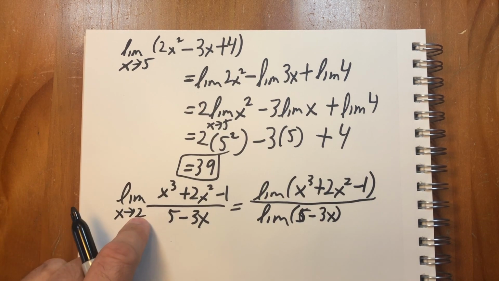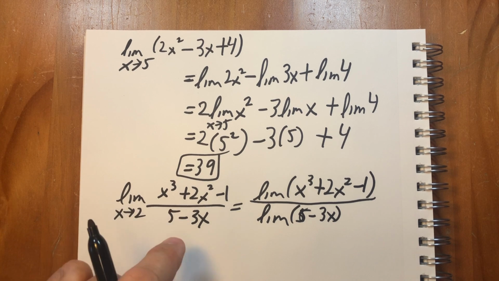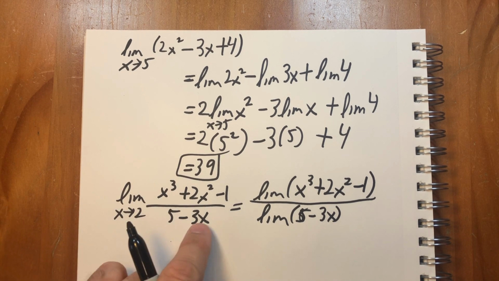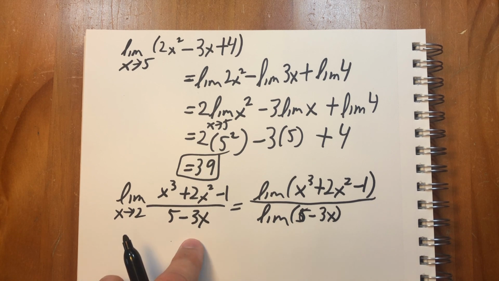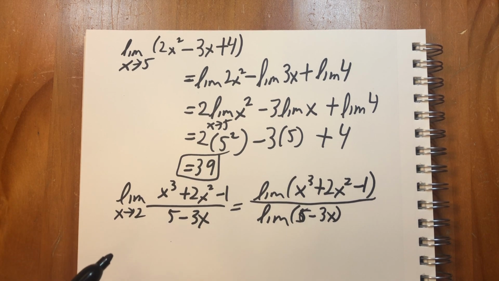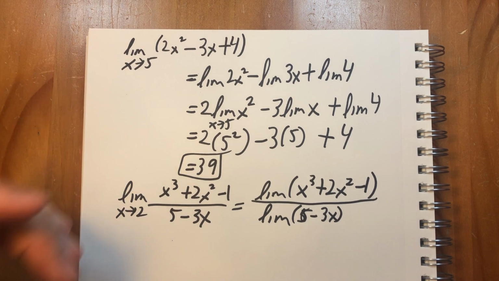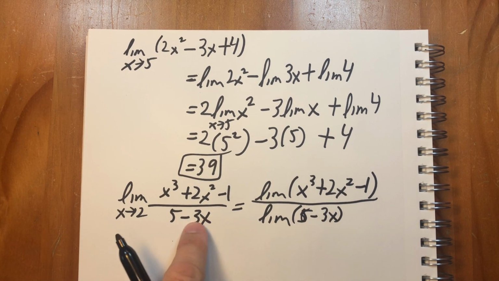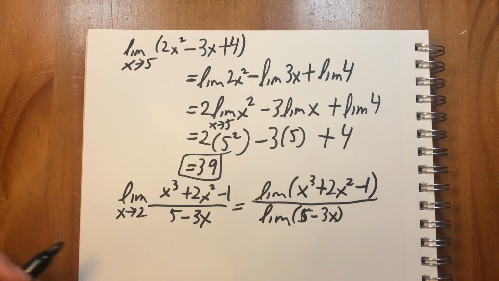Again, all as x approaches 2. But it's important to remember that the quotient law has a restriction that the limit of the denominator does not approach 0. So we don't know yet whether that's going to be true. We're going to have to take a few steps before we can find out whether any of this is legitimate or not. But just remember that we can't do this if the limit of 5 minus 3x equals 0.